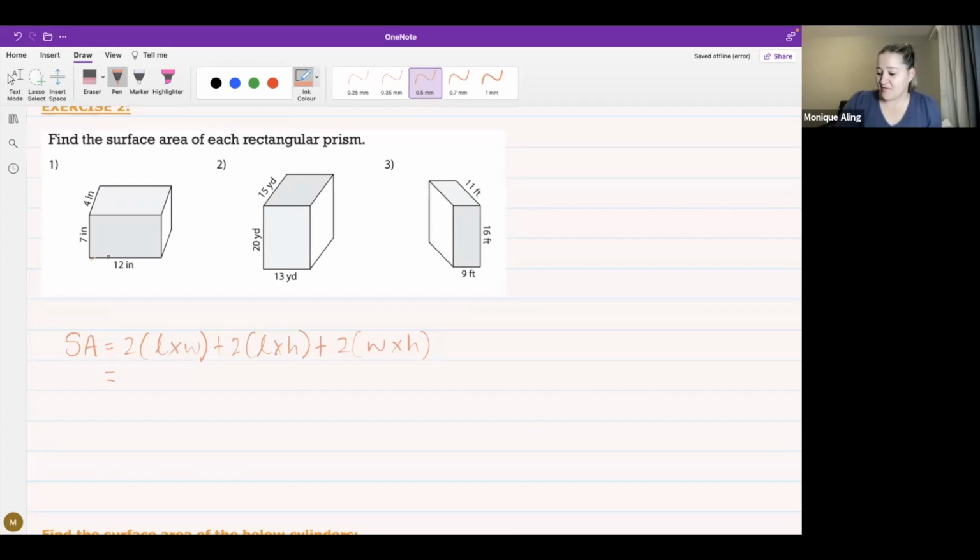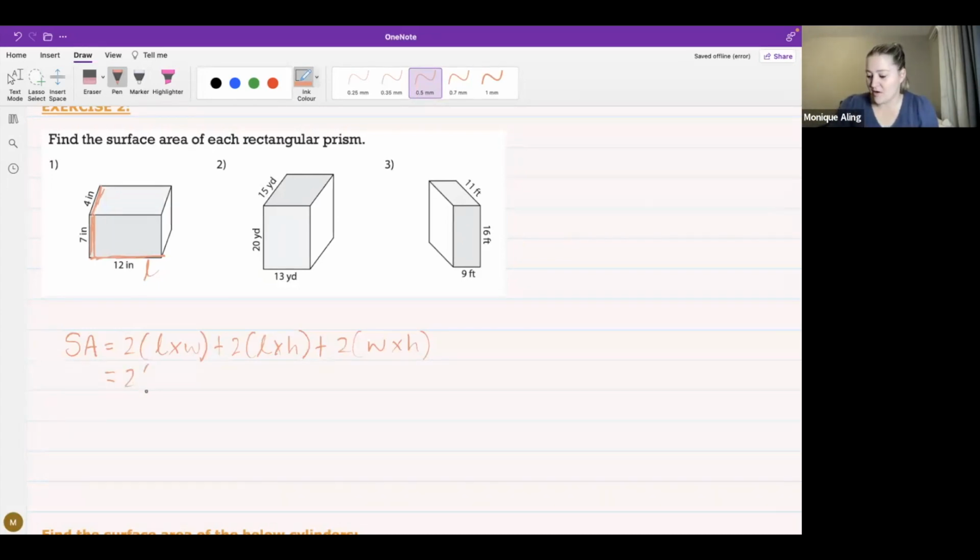12 is our length. So if we look at the front of our shape, length is our long side, our height is the 7 and the width is the 4. Again, if you mix up the dimensions, it's not going to be the end of the world because we times everything together. When you times everything, it doesn't matter what order you put it in, you'll still get the same answer.